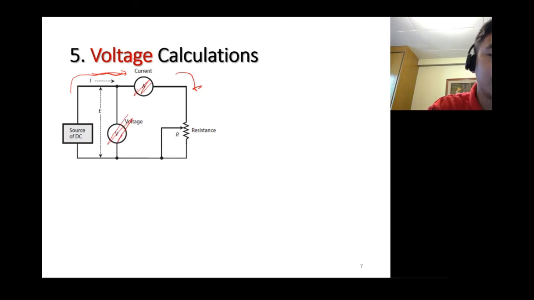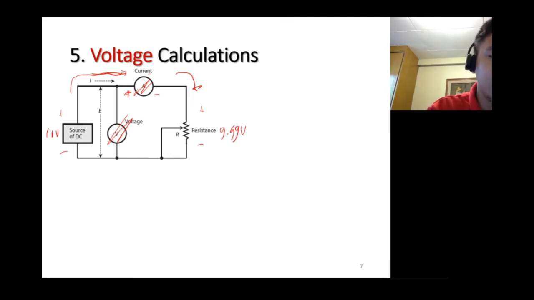For the ammeter, the problem here, sir, is that there must be a voltage difference or voltage drop in the ammeter. So the voltage here may not be the same as the voltage here. If this is 10 volts, this might be 9.9 volts, because the ammeter will consume a bit of voltage, a voltage drop.